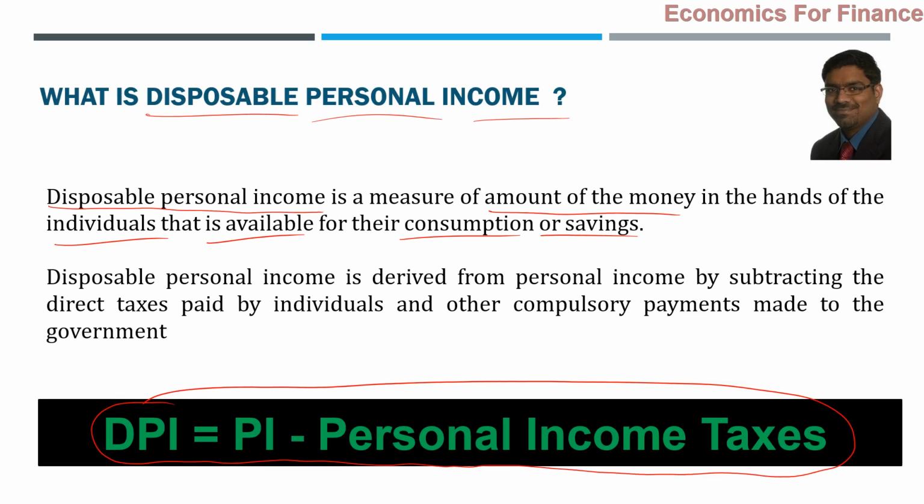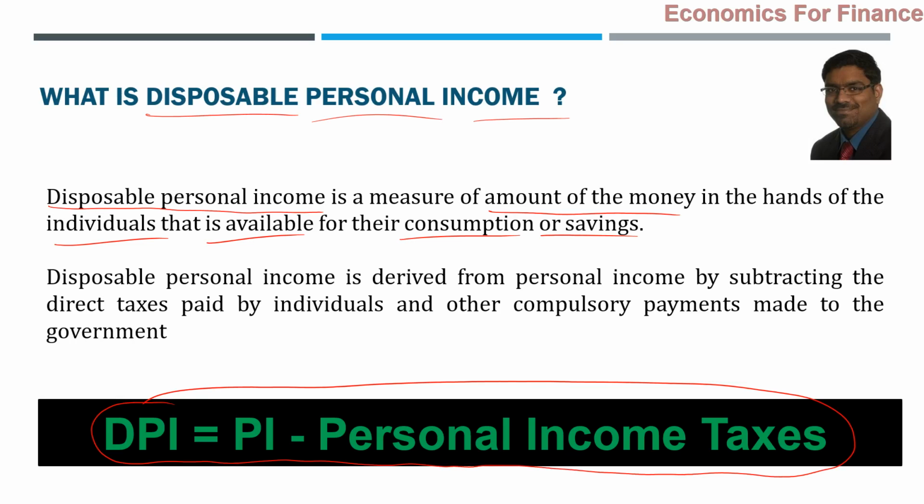But that is what they have in their hand. That is called disposable personal income, what is available for consumption or savings with the individuals. Individuals is an important point here. People, we can call them individuals and households. Households form part of individuals only. Just a house will not have anything. Household also includes individuals.